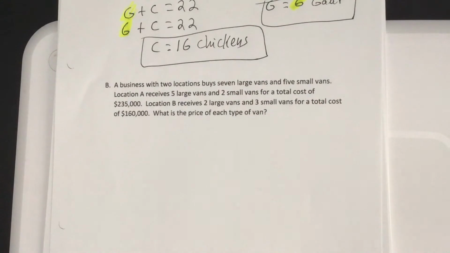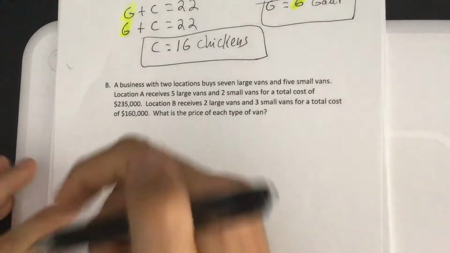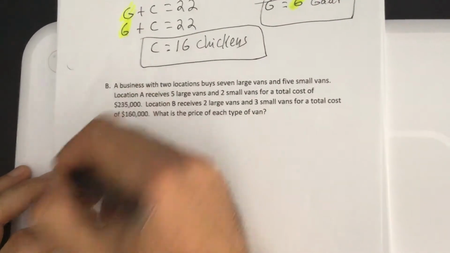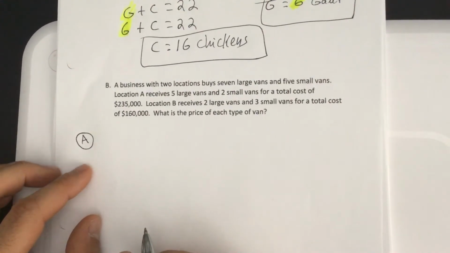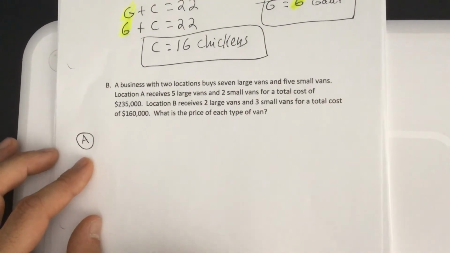All right, so we've got 2 locations. I'm going to do an equation for location A and an equation for location B. So location A, first equation there. It says location A receives 5 large bands and 2 small bands for a total.